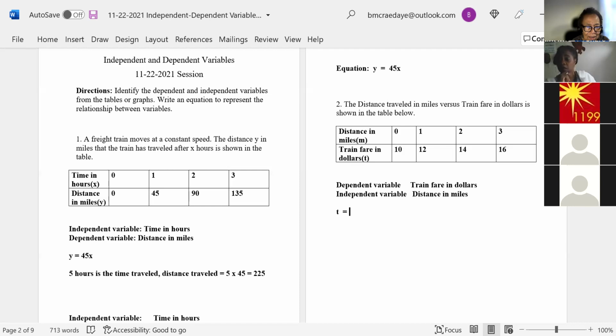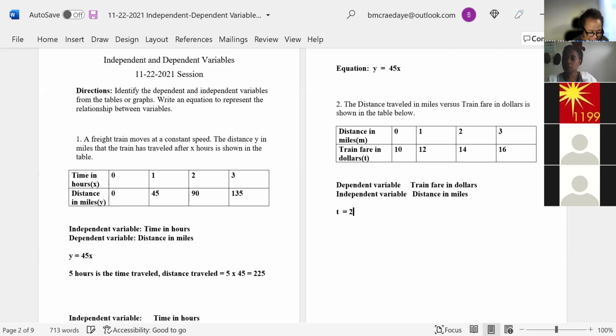So therefore, T, which is the Y, is equal to 2M. That's what Maureen was saying, right? Go ahead, Maureen. Because the miles is 2, it'd be 2m. And what else?